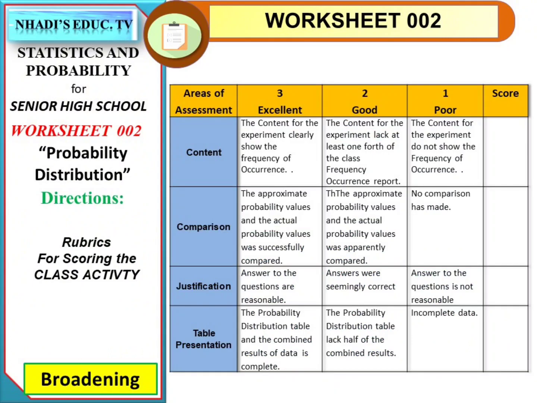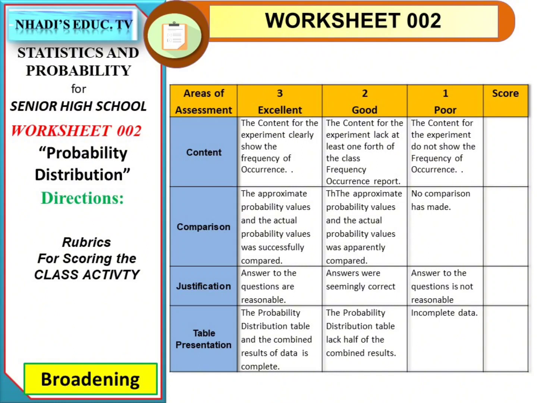Here are now the rubrics for scoring the class activity. Areas of assessment: the content, the comparison, justification, and the table presentation. For excellent, which is 3 points, under the content, the experiment clearly shows the frequency of occurrence, while in comparison, the approximate probability values and the actual probability values were successfully compared.